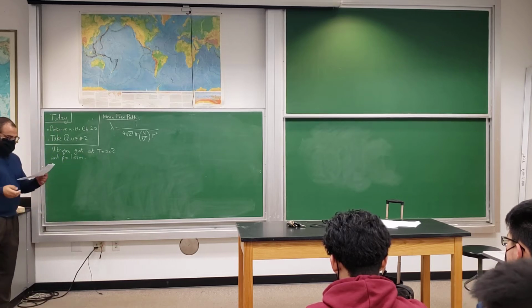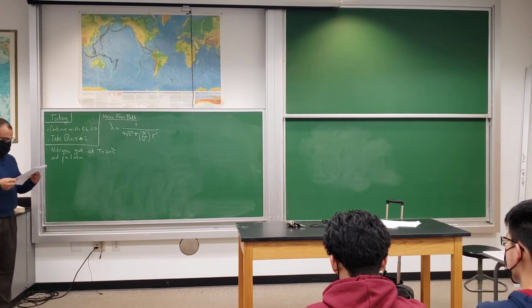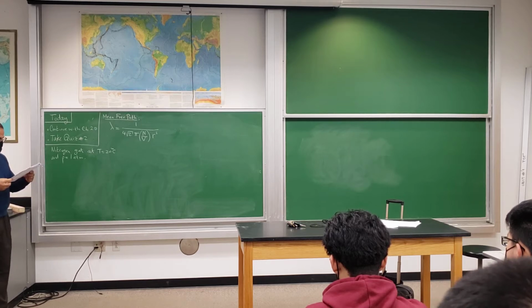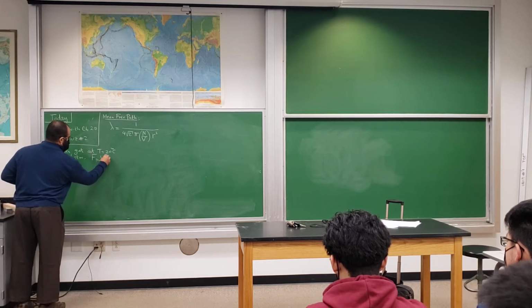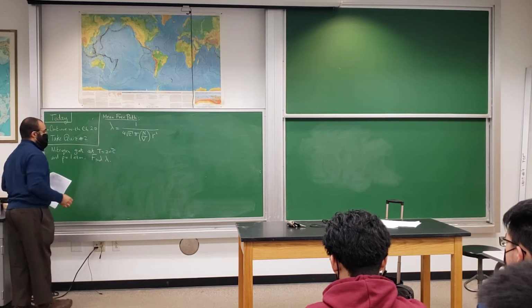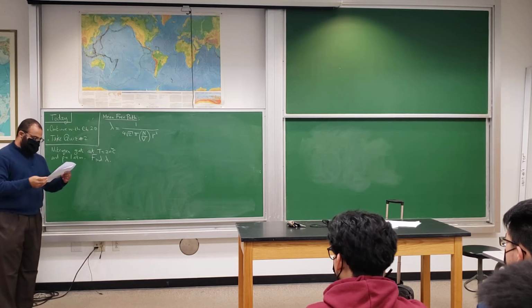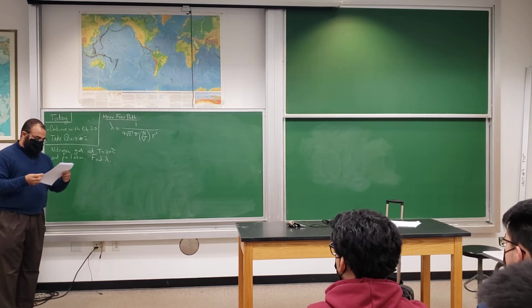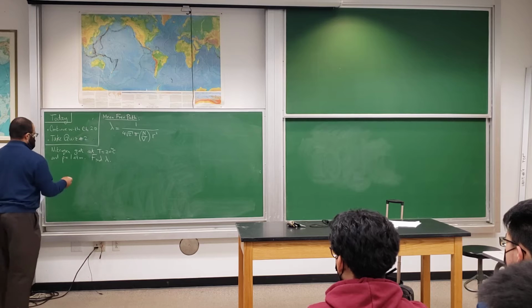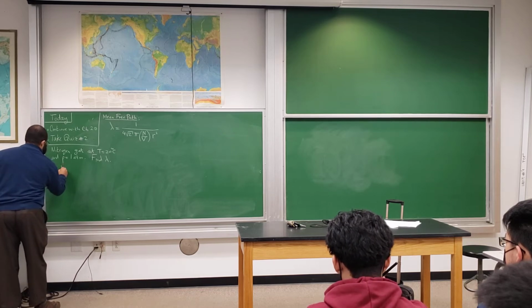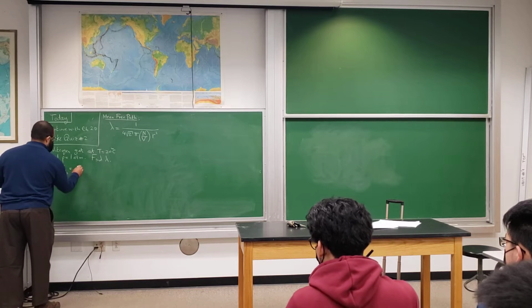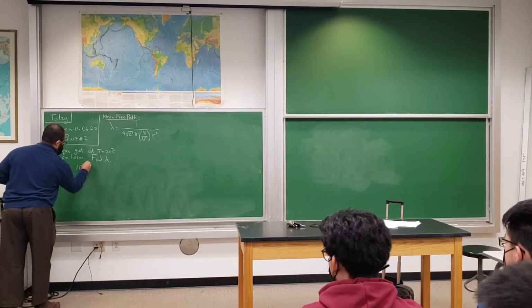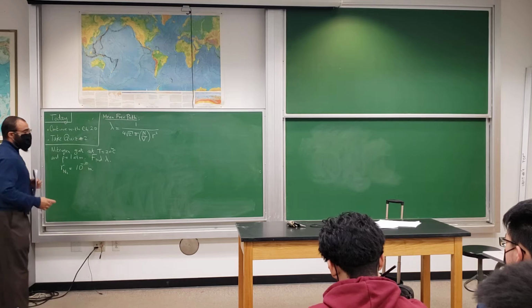So suppose you have nitrogen gas at 20 degrees Celsius, and the question is find lambda. So find the mean free path, and they tell you that the radius of a nitrogen molecule, the radius for N2, is about 10 to the minus 10.